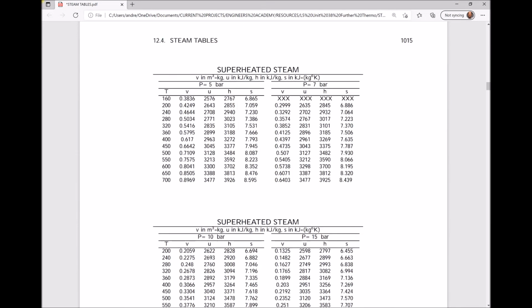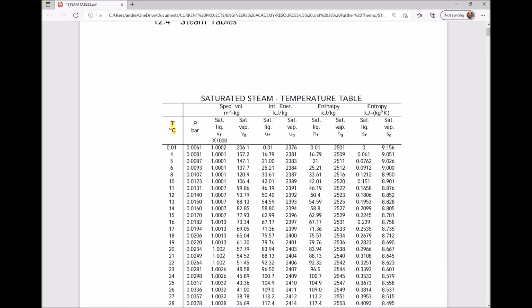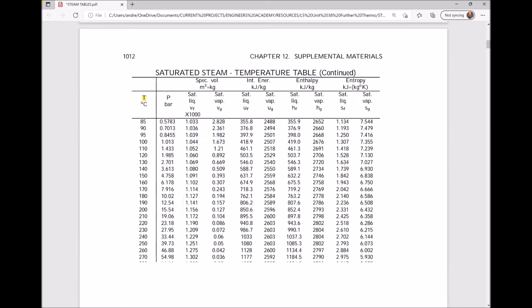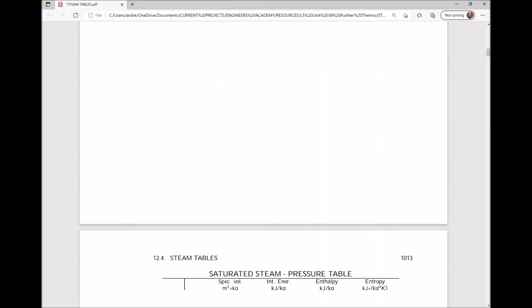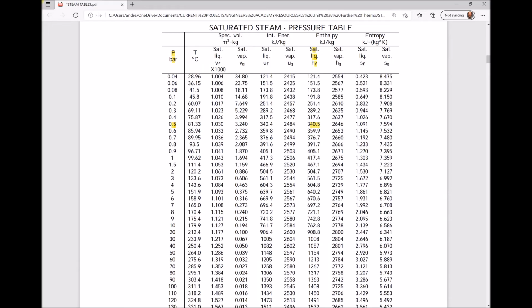So first of all, we need to return to the tables at the top which represent saturated vapour, or saturated steam in this case, and we need the table where pressure is the reference. We already have highlighted 0.5 bar, but this time we're looking for the entropy values. We have an entropy value of 1.091 for saturated liquid and 7.594 for saturated vapour.